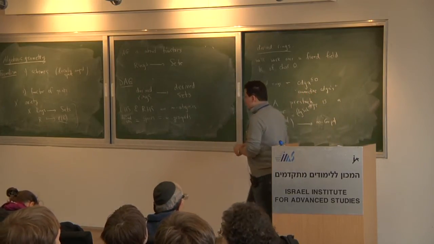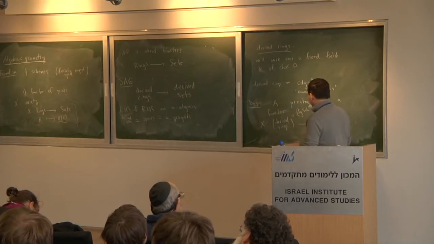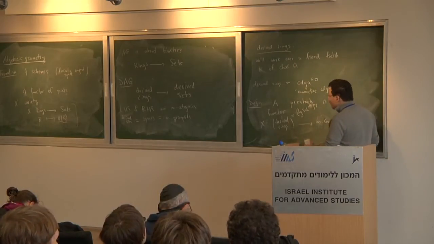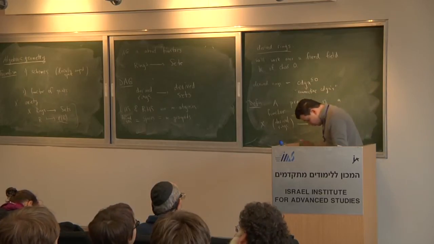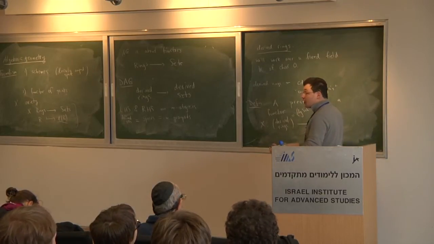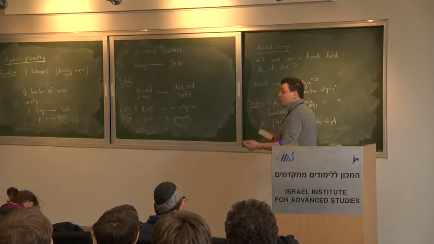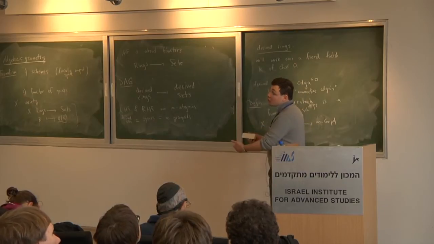There's no relationship between the use of the term derived for rings and for sets, right? They look like completely different things. Well, philosophically, they're similar kinds of things. In fact, they are the same because a ring is a set with some operations, and a derived ring is a derived set with some operations.